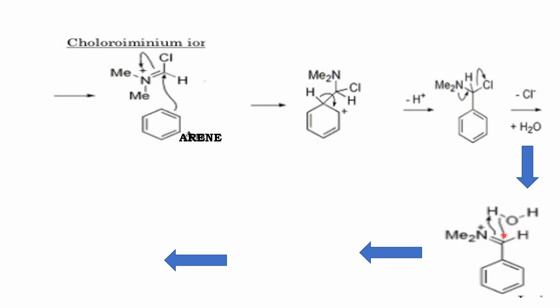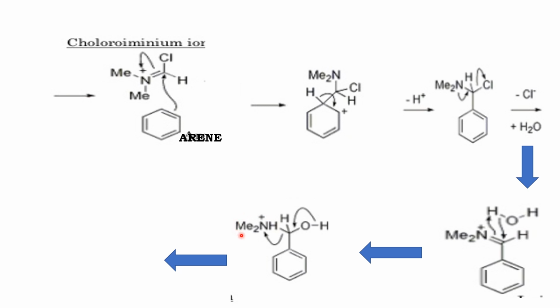When this O minus attacks here, naturally this carbon-nitrogen bond will shift towards the nitrogen atom. So the nitrogen atom will lose the positive charge and abstract the H plus ion of the water molecule, resulting in the formation of the benzene ring with carbon, OH has come here, H is already there.